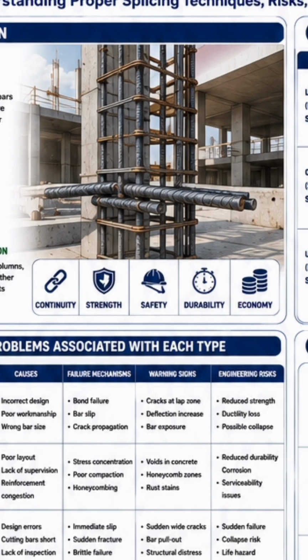So lapping of reinforcement is done for continuity, so that you can continue the reinforcement if you do not have enough reinforcement to reach the length that is required. Then it is also done for strength, for you to attain the desirable strength. Then it is also done for safety, right? Then also durability of the structure.